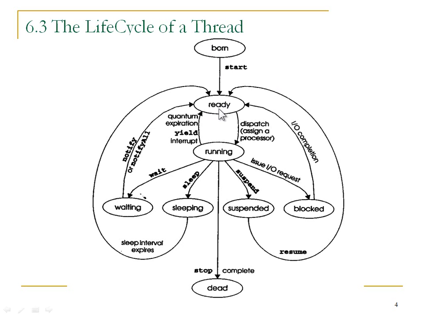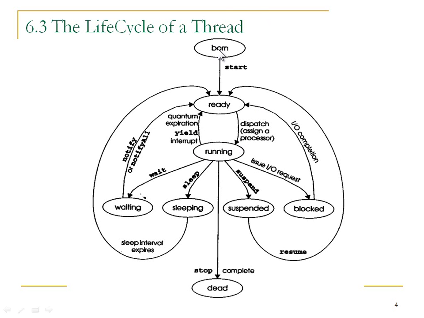And how do you get the processor? How do you start executing the run method in that thread? Somebody decides to dispatch your thread to a processor. Let's assume we have one processor. And then you're in a running state. If you're in a running state, then you are executing your main method or your run method.